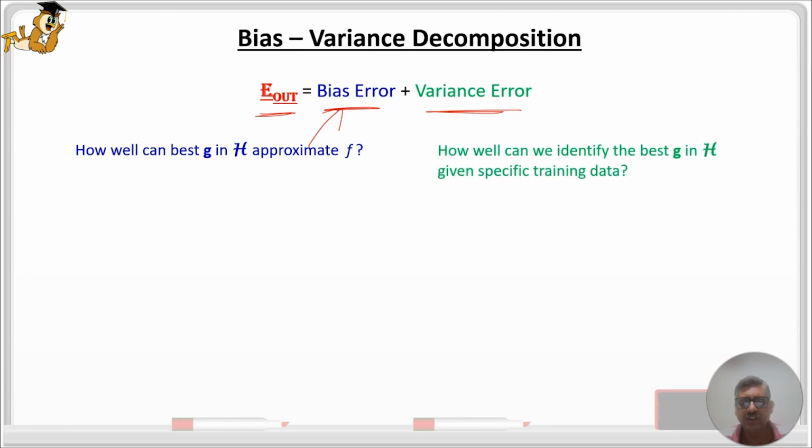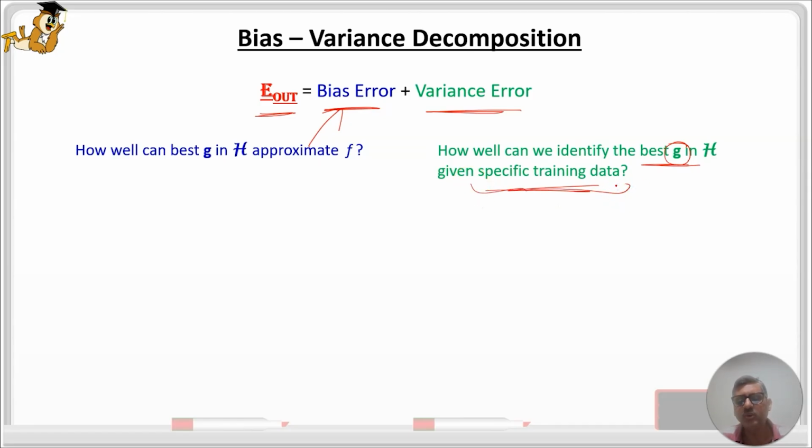The variance error, on the other hand, relates to the question, how well can we identify the best g in your hypothesis set given specific training data? Let me repeat. These are important to understand, so I am going slowly, right? How well can we identify the best g in H given specific training data?